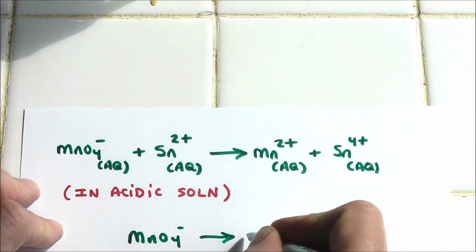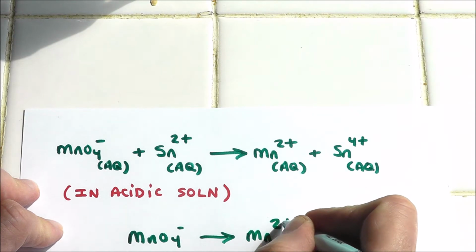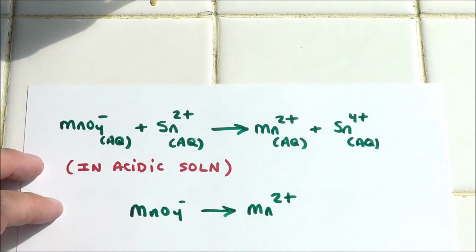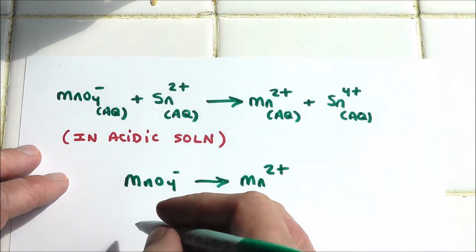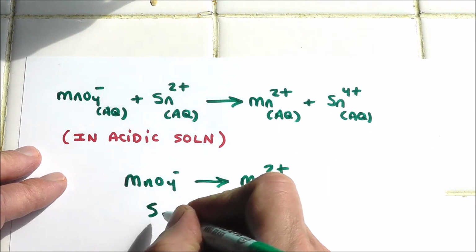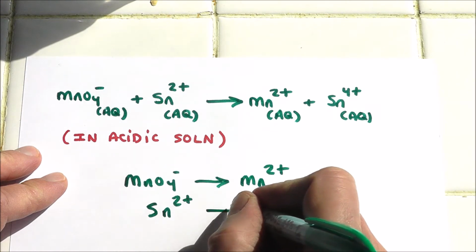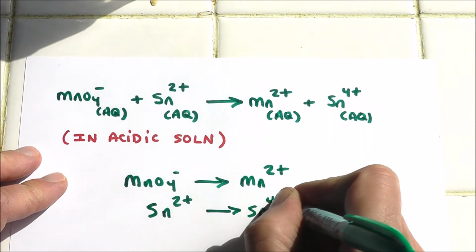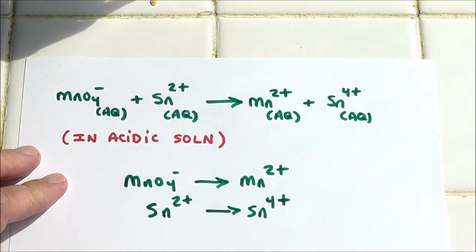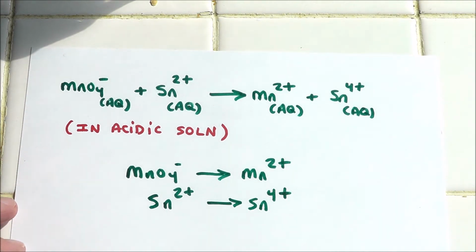MnO4 goes to make Mn2+. I'll leave the subscripts off; we'll put them in at the end. I'm going to take tin 2+, which goes to make tin 4+. So that's the first step, to break them into half reactions.